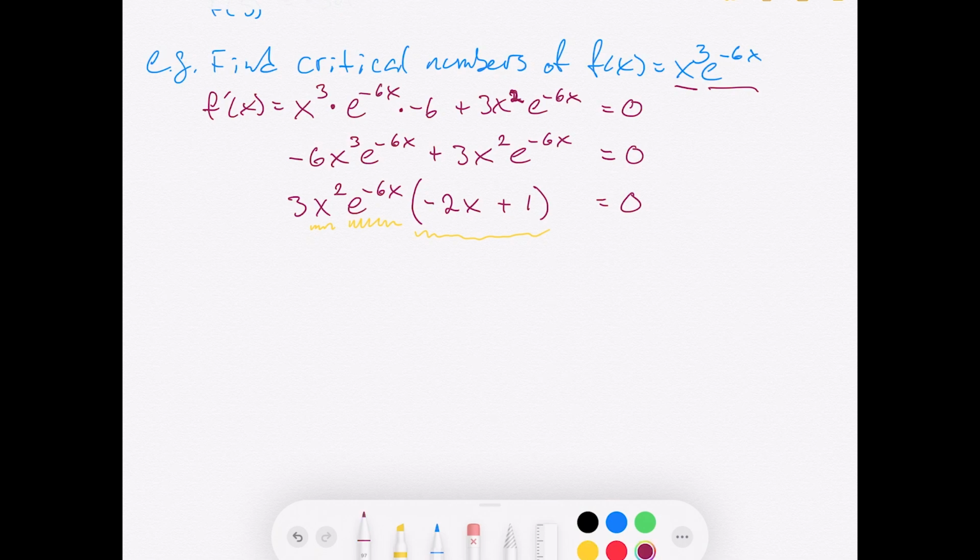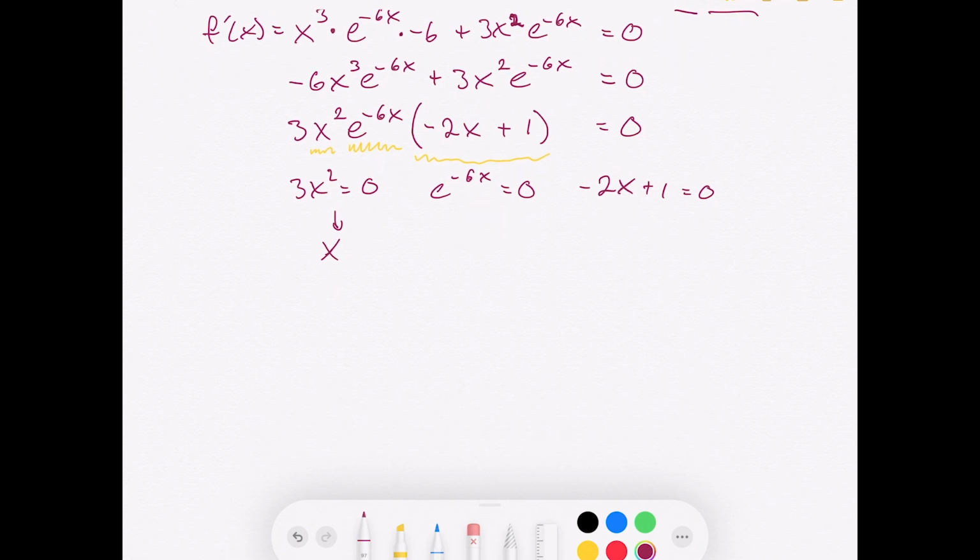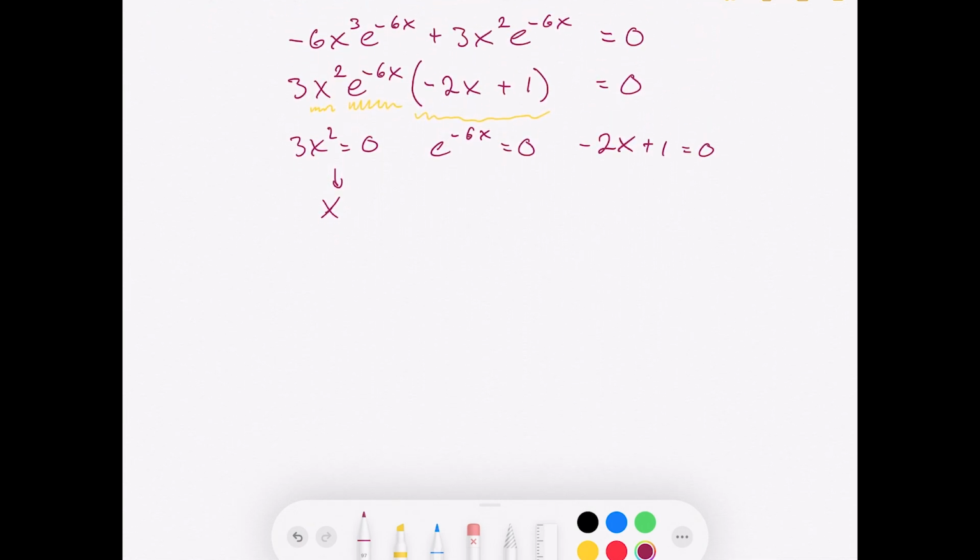So let's do that. I'm going to take 3x squared, set it equal to 0. E to the -6x equal to 0. And finally, -2x plus 1 equal to 0. Surely, this turns into, when we divide both sides by 3 and take the square root of 0, we get an x value of 0. Oops, that got away from me.